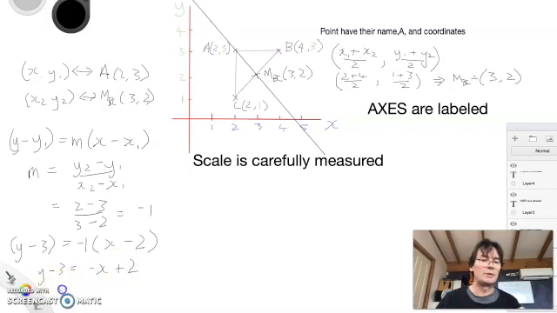Add 3 to both sides, and I get y equals minus x plus 5. So as I said, because my scales aren't 100% accurate here, it looks a little bit off there. It looks more like 5.5 on my axes. Hopefully it looks better on yours.